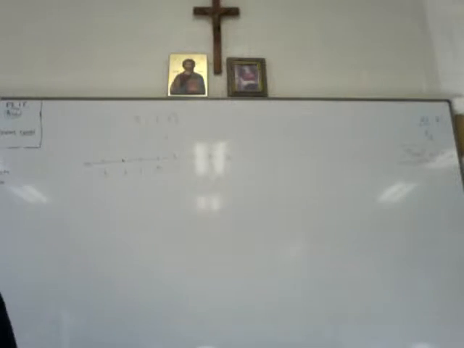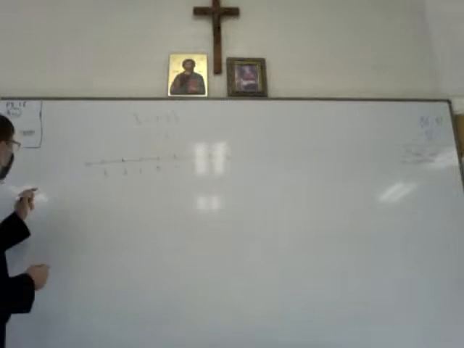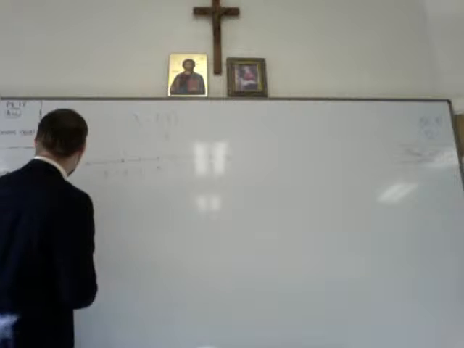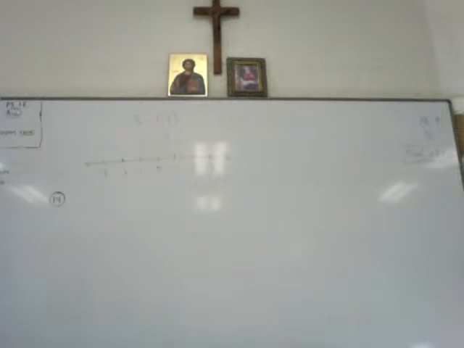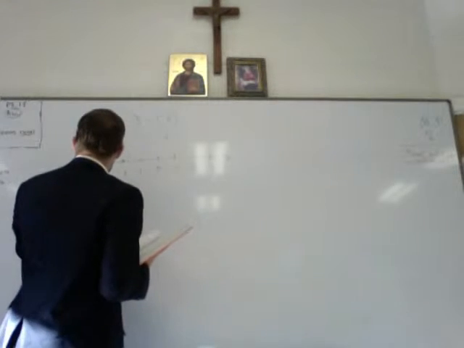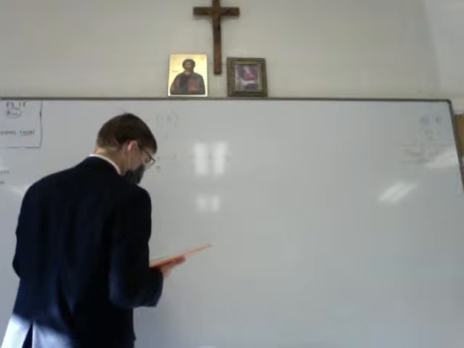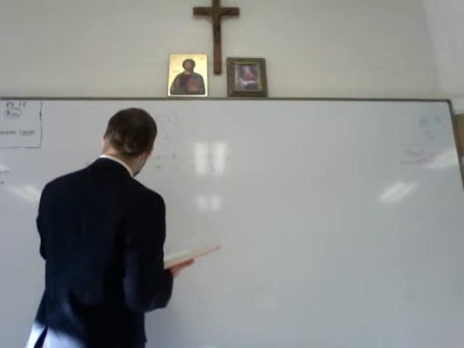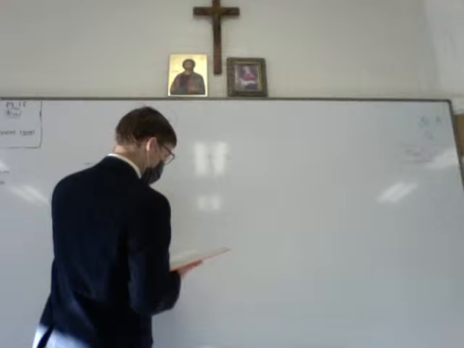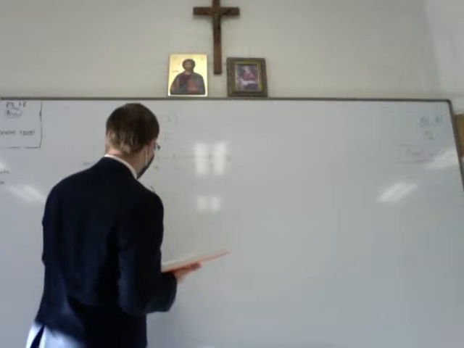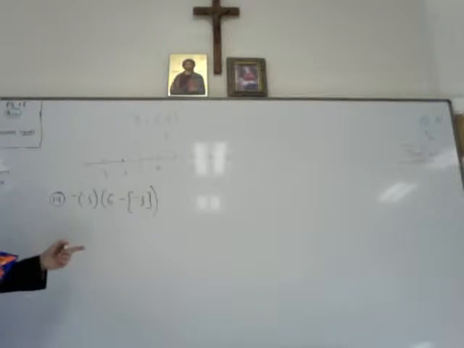The whole thing would be written out as -3 times the quantity 6 minus -3, in parentheses. Yes, that's how you would write it out. So, when you do the parentheses, right? When you do everything there, yep.